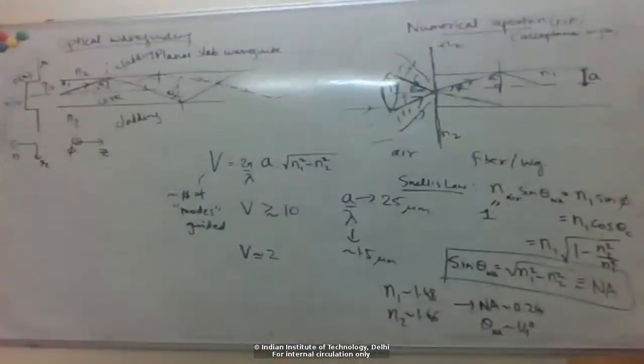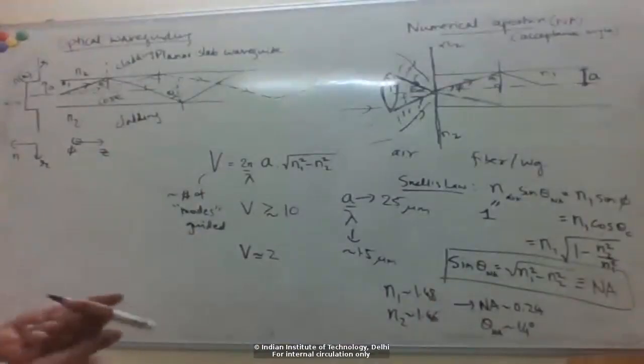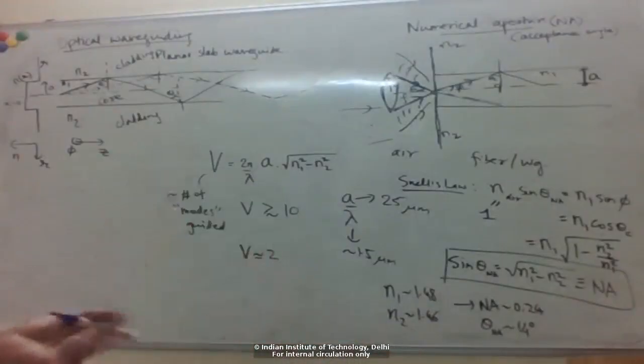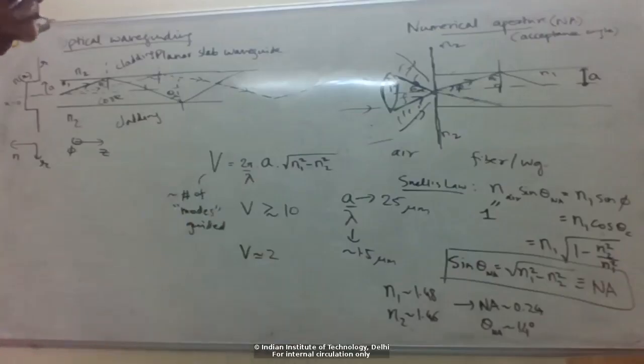As I said, ideally, if you have a perfect dielectric and the light is composed of photons which have energy less than the band gap of the dielectric, then you would expect there to be no loss. But that's not the case. Although optical fibers have extremely low loss, they have some finite loss. So we'll see where that loss comes from, what the typical values are, etc.